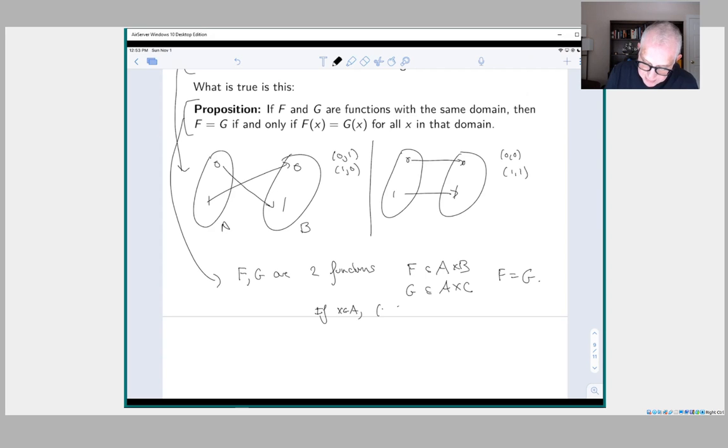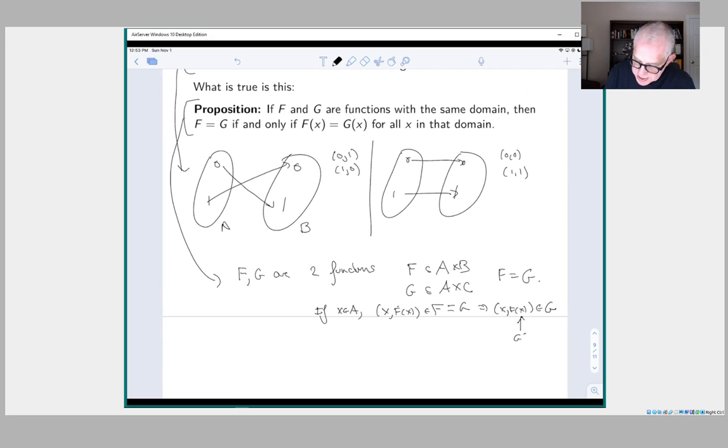then by definition f of x is in f. f of x here is the b which goes with the x in the domain. But since f is equal to g, that tells us that f of x is in g, but by definition, this is also g of x.